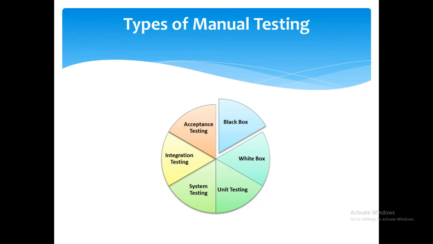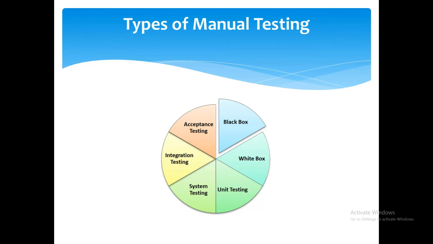Black box testing. Now, black box testing. The functionality of the software under test is checked without looking at the internal code, structural implementation details, or knowledge of internal parts of the software.